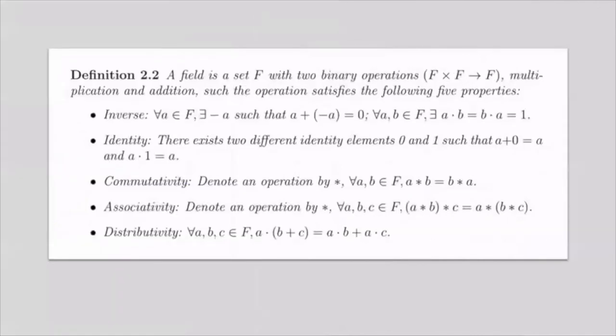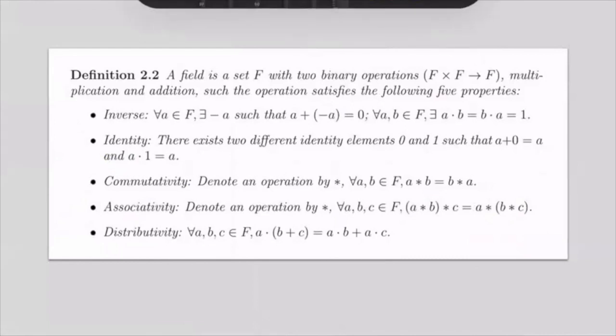The next concept that I am going to introduce is the concept of field. So a field is a set F with 2 binary operations, F times F mapped to F. So we have a Cartesian product here.